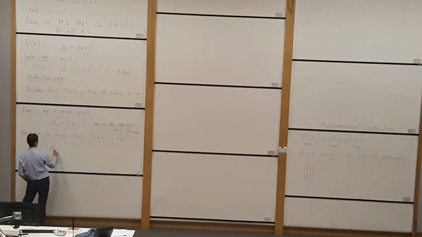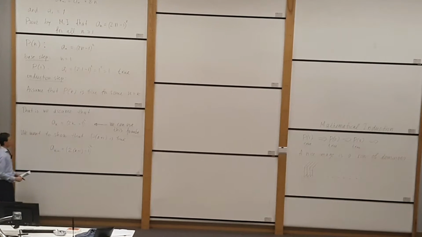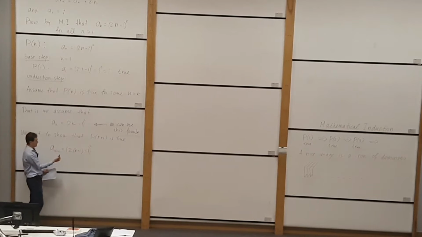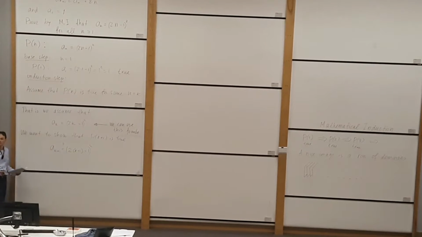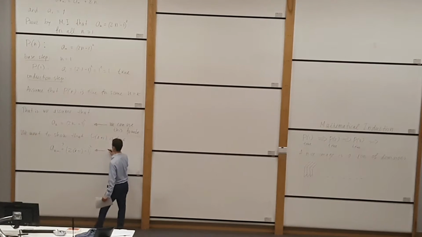So we want to show that a sub k plus 1 is equal to (2 times (k plus 1) minus 1) squared. And here, I will put a question mark above this equality, not to get confused in terms of what is given and what we want to show. And also mark for myself that we want to prove this.